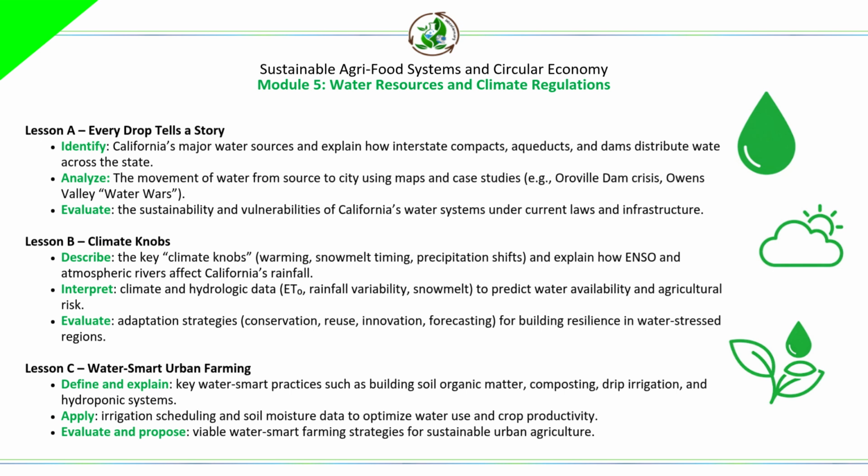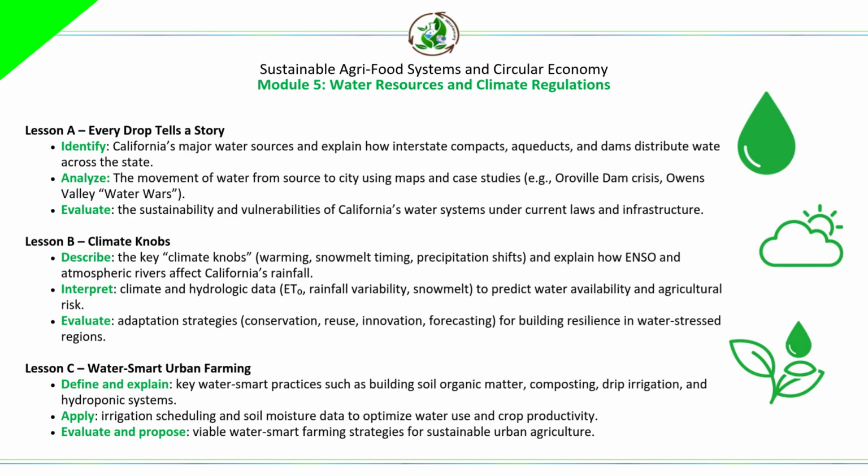Lesson B. Climate knobs. Next, we'll discuss climate factors that affect water, our climate knobs. Remember the 3 main knobs: global warming, earlier snowmelt, and erratic precipitation. We'll understand how ENSO, meaning El Niño and La Niña, influences California's rainfall patterns.